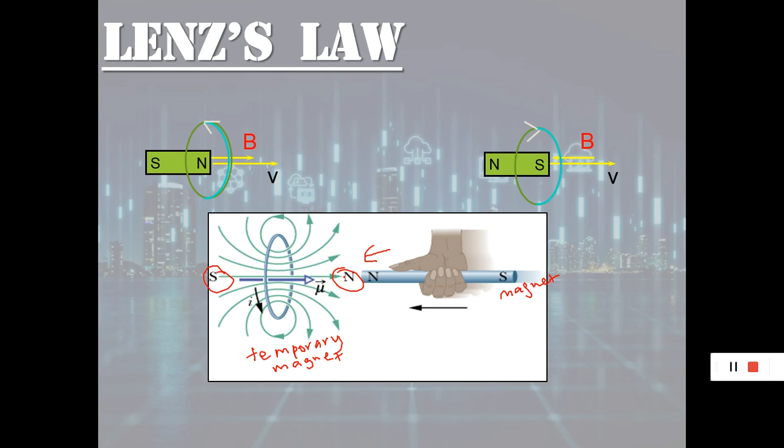If you want to know the direction of the induced I, you can use the right hand rule. Use your thumb to show the direction of the north, and your other four fingers to show the direction of the induced I. Your thumb is like this, so the other fingers will be like this.